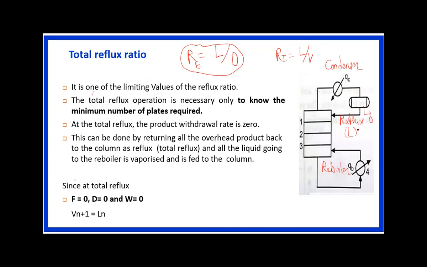Now generally what happens, the feed is fed to the column, then it is heated through the reboiler, vapors come out to the column again, and these vapors are condensed, and the liquid condensate can be taken out as distillate, or if the purity is less than the requirement, then some part can be sent back to the top of the column.